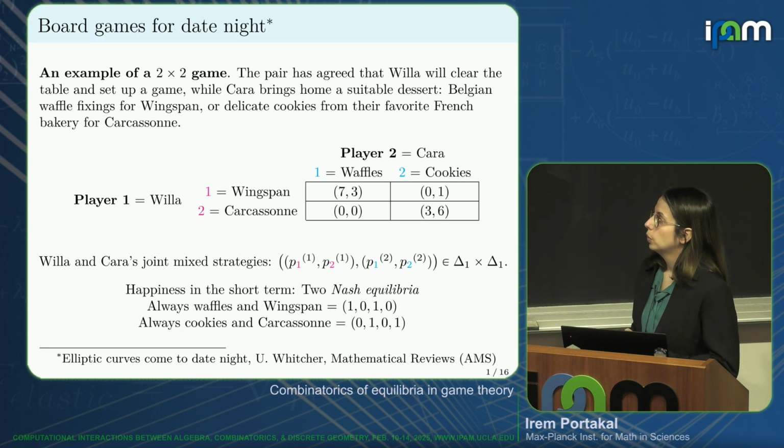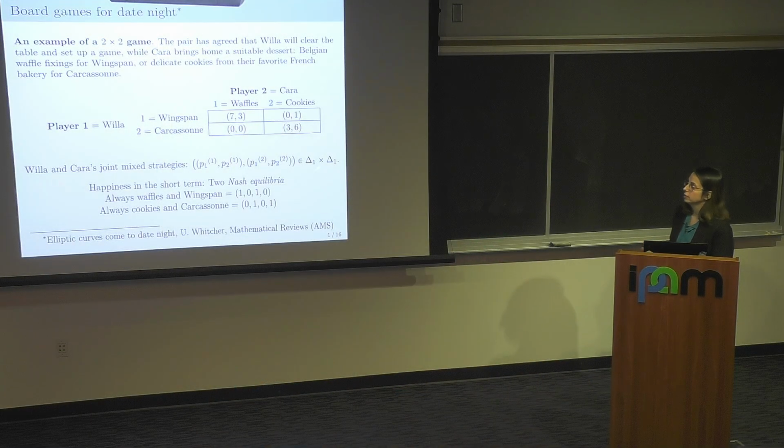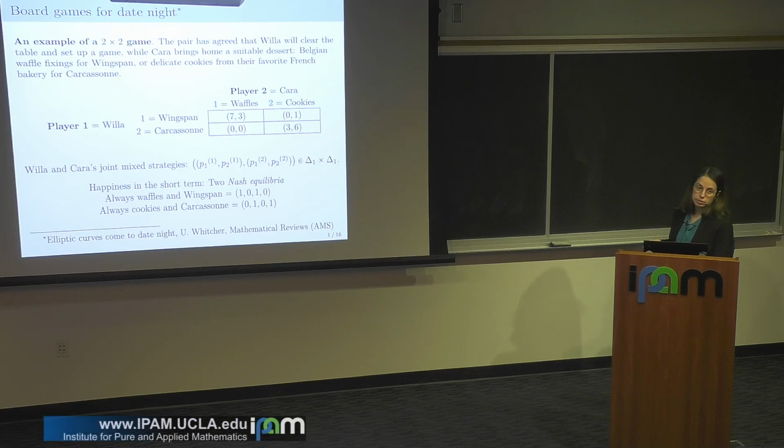When you have a social interaction like that, you might have strategies, right? You can say, I'm going to deterministically act on putting the Carcassonne on the table, or I'm going to act on some strategy, maybe with some mixed strategies or probabilities. I'm going to denote those things as points in the product of standard simplices.